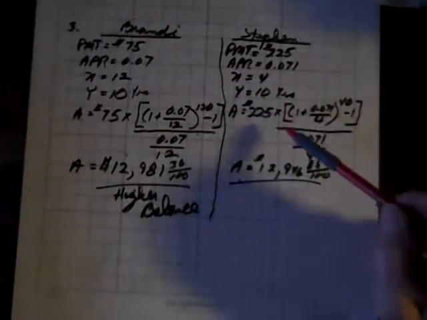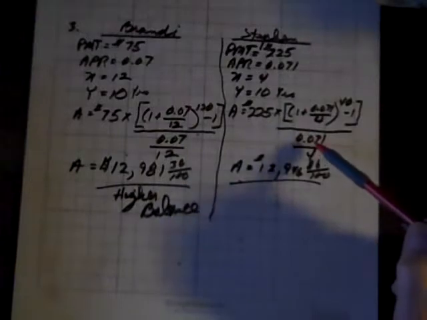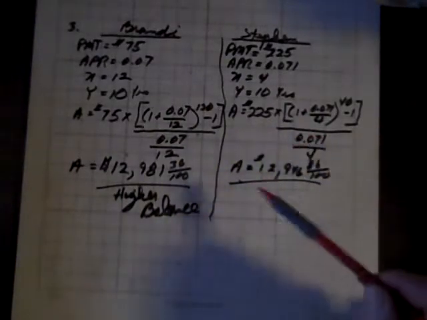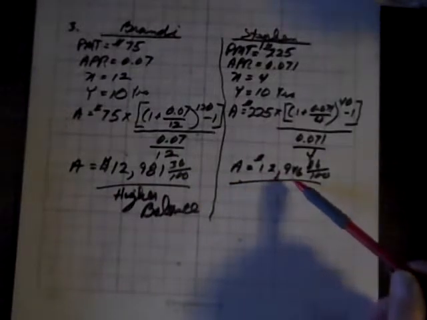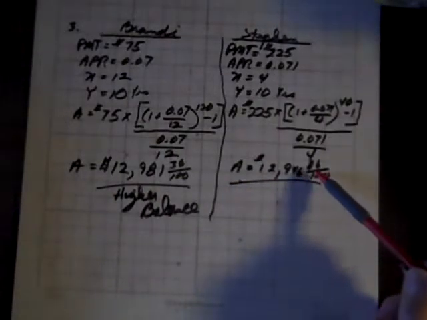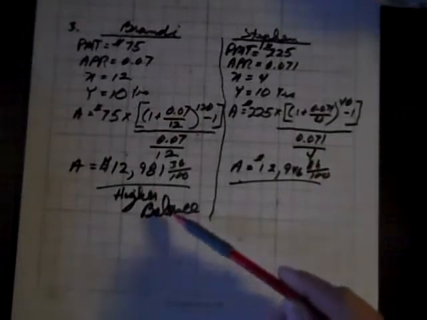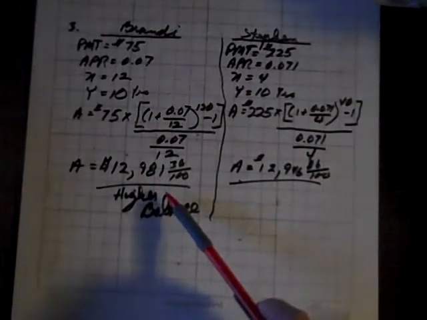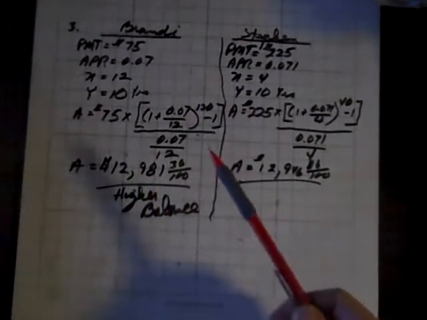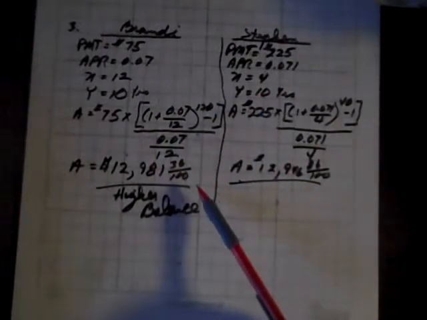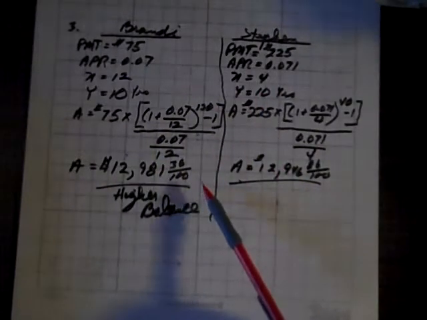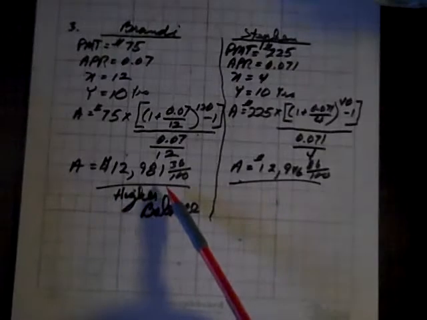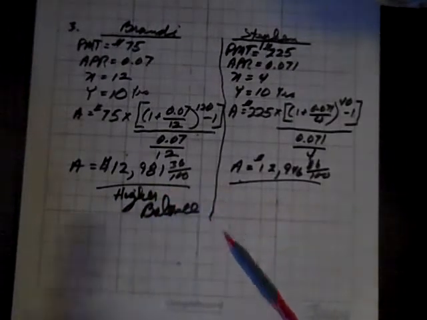The years are still 10, and when you install the values in the appropriate positions and compute, you get $12,946.86. And so it turns out by compounding monthly instead of quarterly, Brandy had a higher balance at the end of 10 years. So now on to question 4.